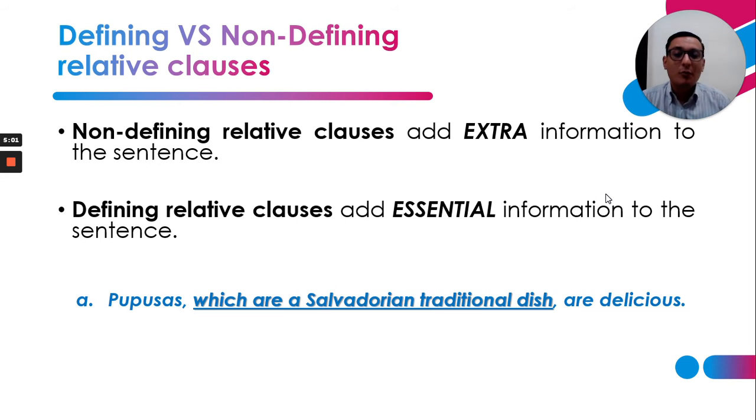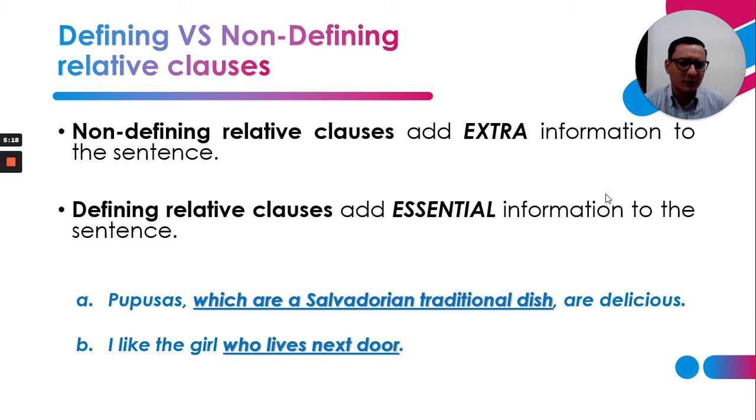For example, pupusas, which are a Salvadorian traditional dish, are delicious. This one is considered non-defining because you and I know that this dish is Salvadorian and it's very traditional. We don't need this information, so we can actually remove it. Same case if I have this one. I like the girl who lives next door.